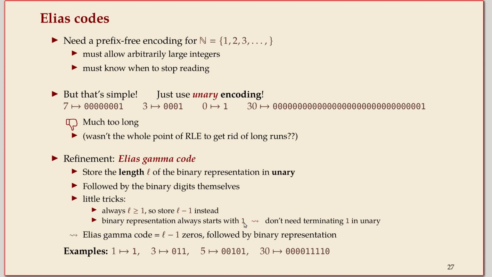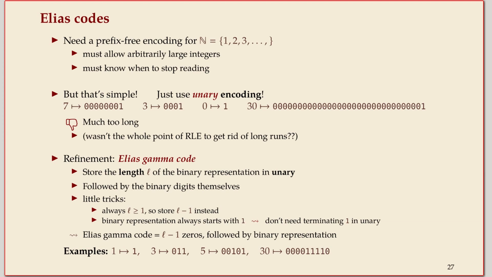So there's no real need to store this terminating 1 that we used for the unary code. So we can store L-1 by exactly L-1 zeros, and we don't need the extra terminating 1. That one will automatically come from the binary digits.